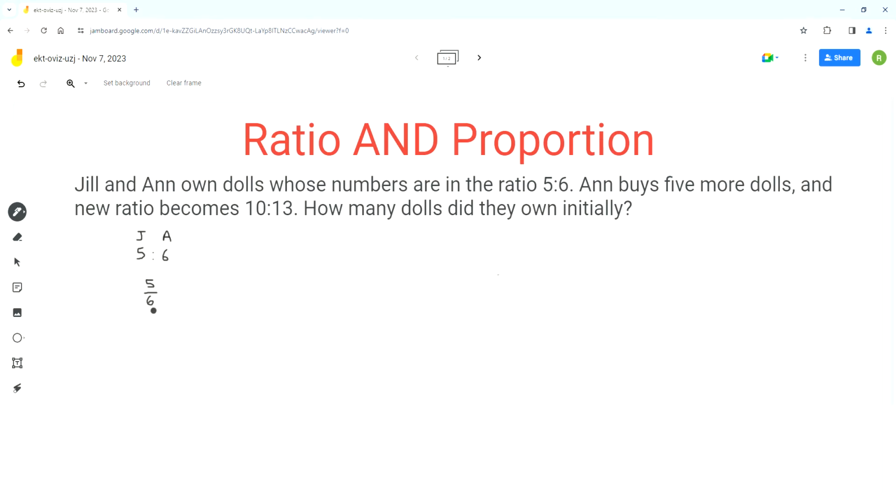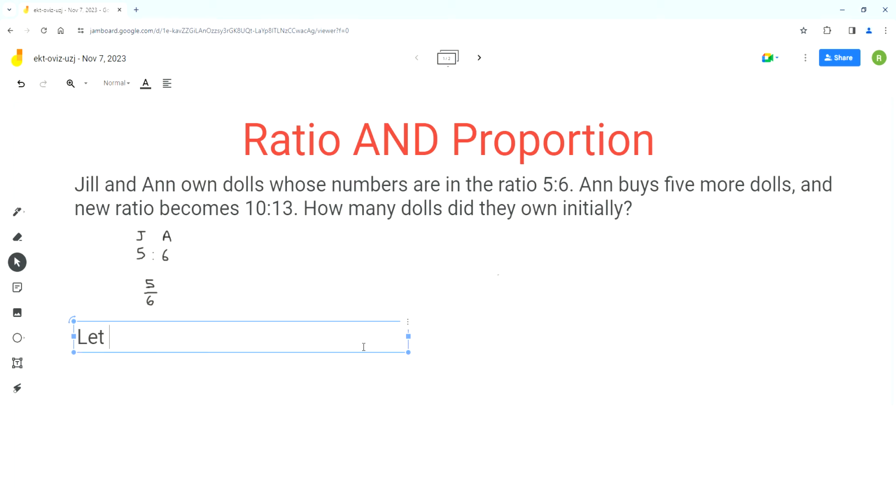Now since these numbers 5 and 6 don't represent the number of dolls they own, we'll have to use a variable to find an expression for the number of dolls Jill and Anne own. Now since this fraction 5 over 6 is the reduced form of the number of dolls Jill and Anne own, we'll have to write a let statement for the common factor in this fraction.